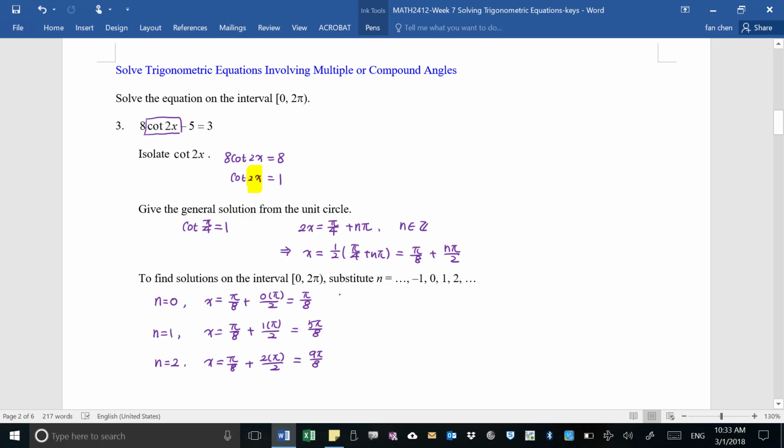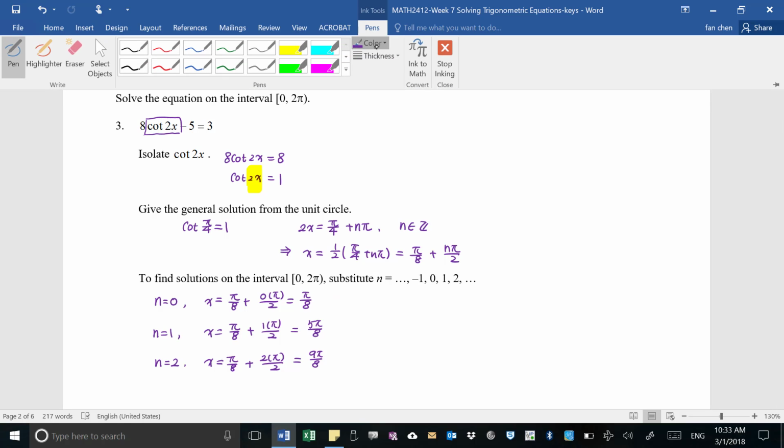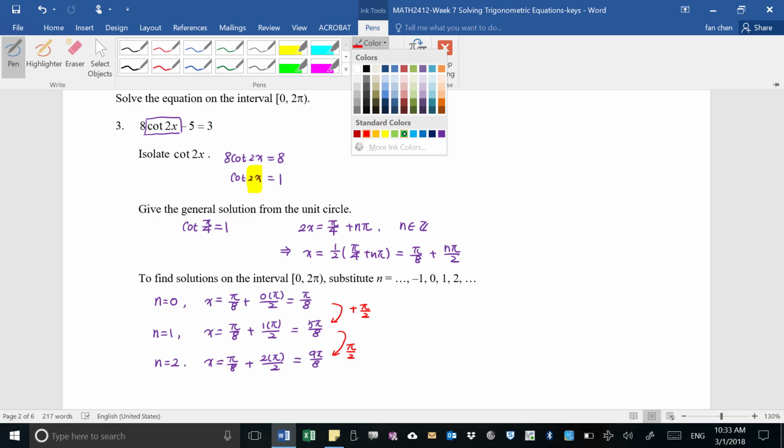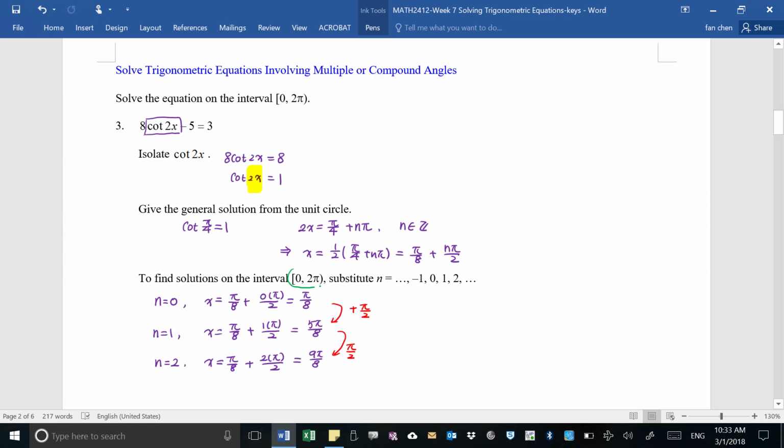You might notice that when you move to the next value, you just add another pi/2. Also, when we are working on that, we need to pay attention: is this value still in the interval? Yes, that is in the interval of 0 to 2pi.